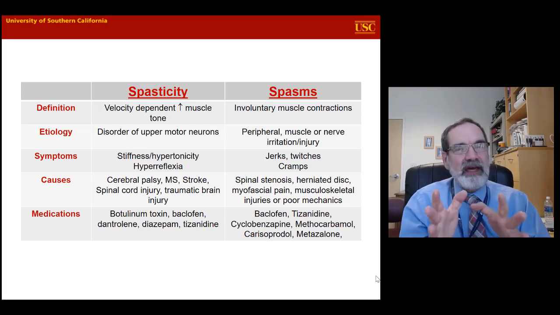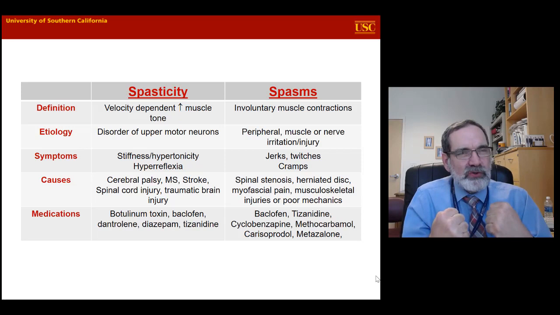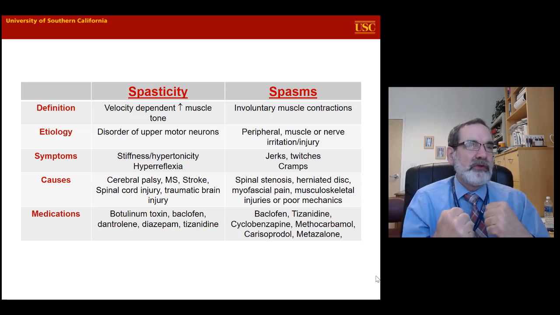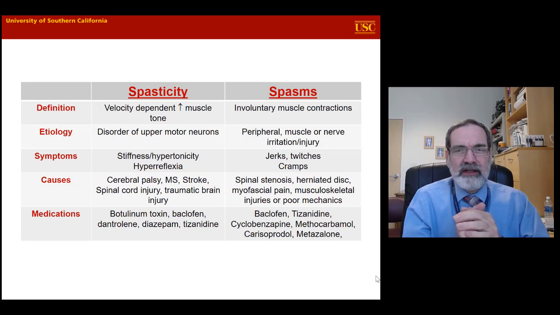If you look on the spasm side, it is more peripheral, not an upper motor neuron condition. It is peripheral muscle or nerve irritation or injury. So in response to some source of irritation in the muscles or in the nerves, typically the lower motor neurons, or even the sensory nerves, the muscle reacts by involuntary contractions called spasms.